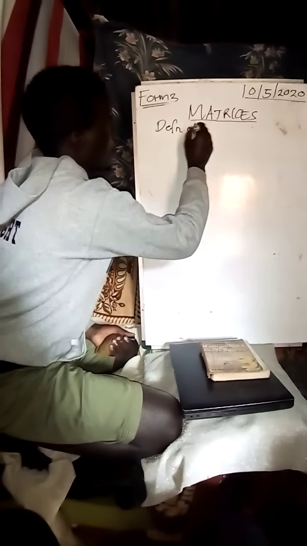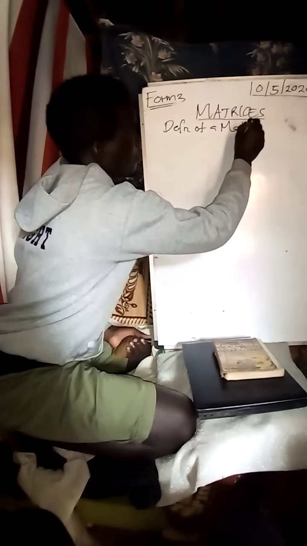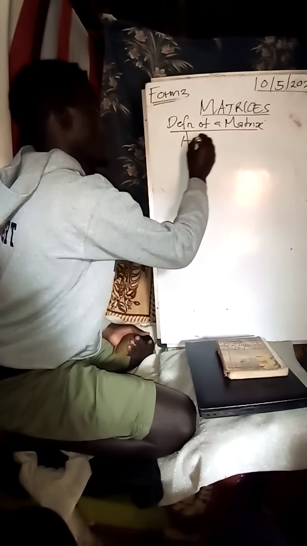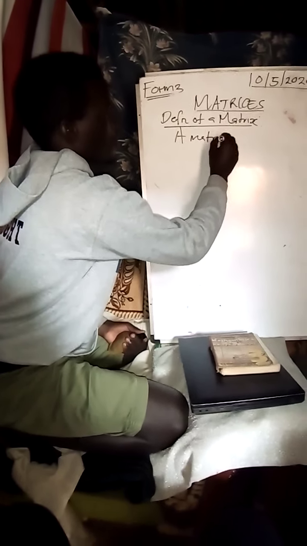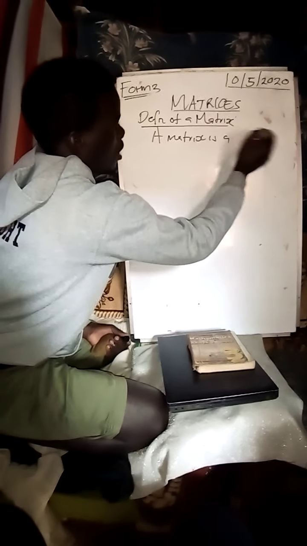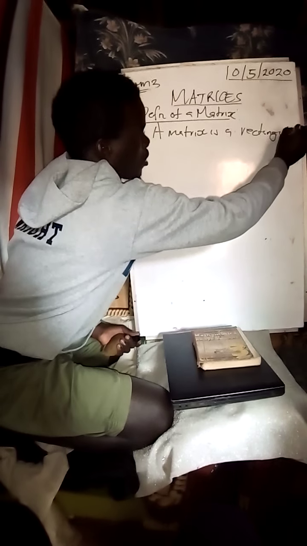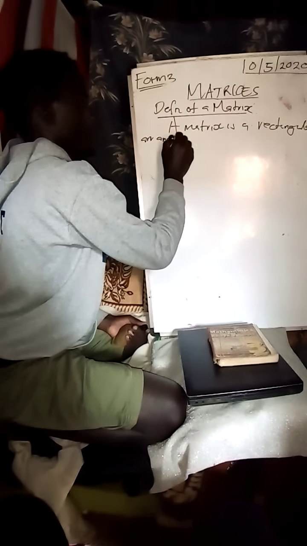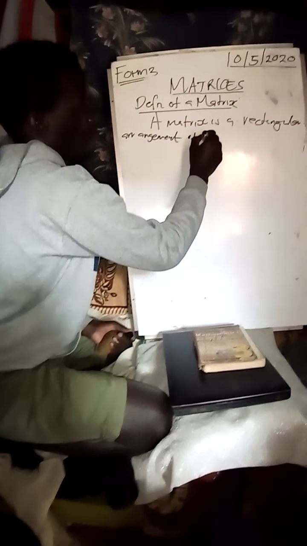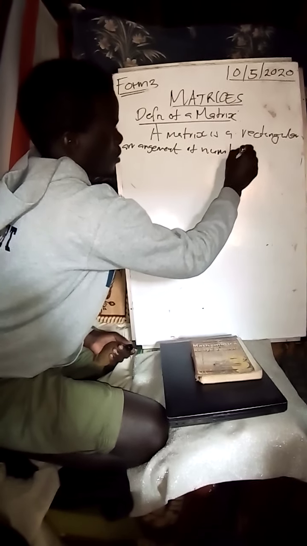Definition of a matrix. A matrix is a rectangular arrangement of numbers.